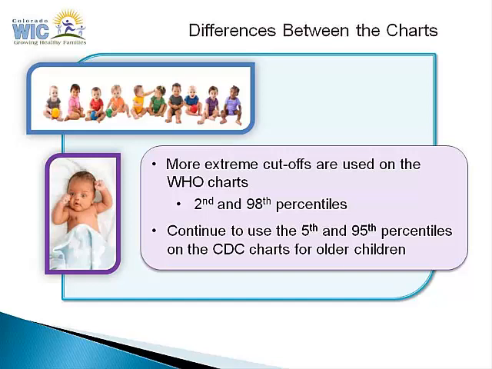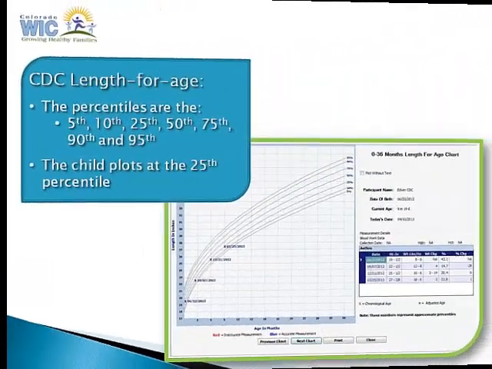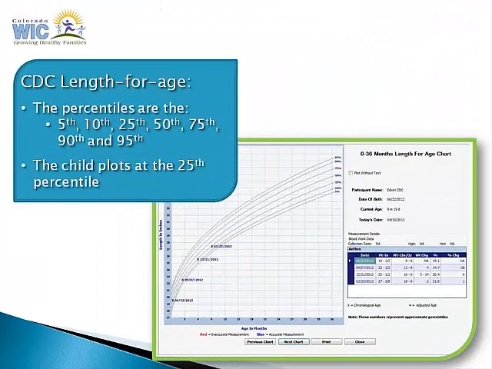Thank goodness. We will continue to use the 5th and 95th percentiles on the CDC charts for older children to determine their growth risks.